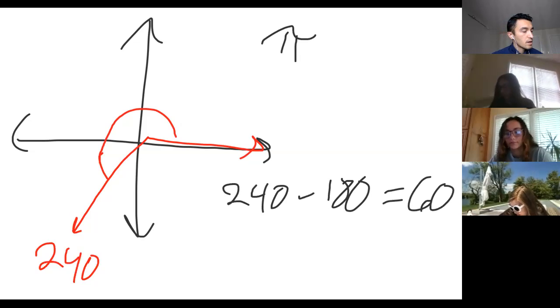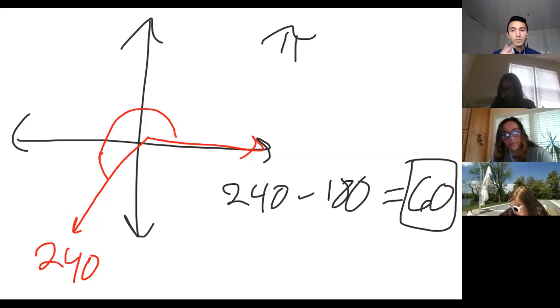Now this 60 is kind of important, because if you remember from the unit circle, and that's the reason why the unit circle is so important and why I had you copy it as an assignment: the more you get used to it, if you memorize things, you'll be able to do it faster. Also, when you're doing work at home right now, you can look at the unit circle to help you.